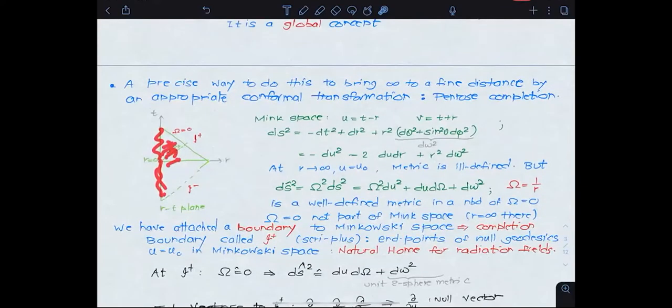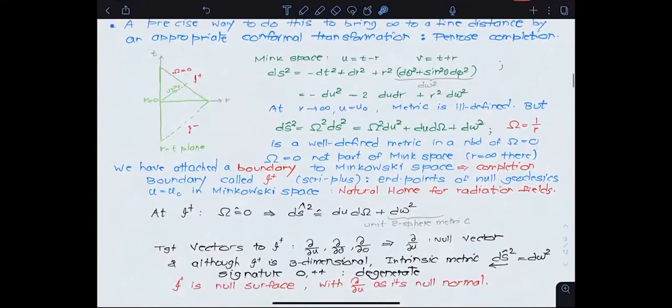I'm looking at retarded solutions, and these waves are registered at Scri, and therefore the energy and momentum they carry away is registered as integrals on Scri here of some quantities, as we will see in a minute.